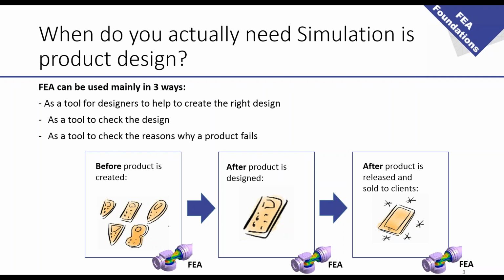First, before the product is actually created, simulation will help you to find and design the right product. Secondly, after the product is designed, simulation will help you to check your design to be sure that it's not failing. And finally, after the product is released and sold to your clients, you may have problems, and FEA will be there to check what is the reason.